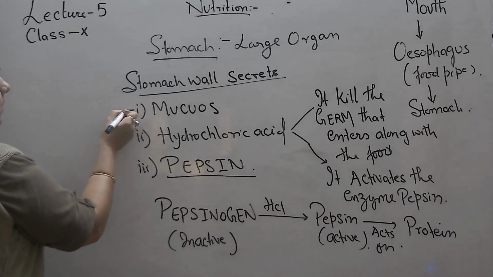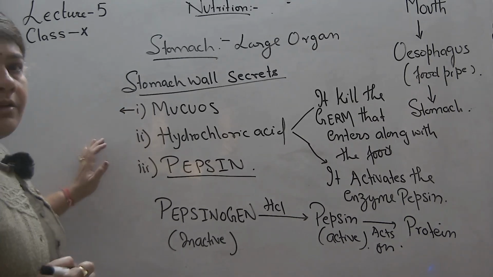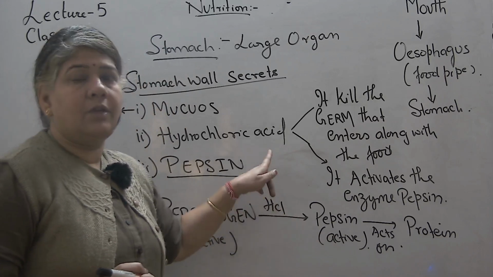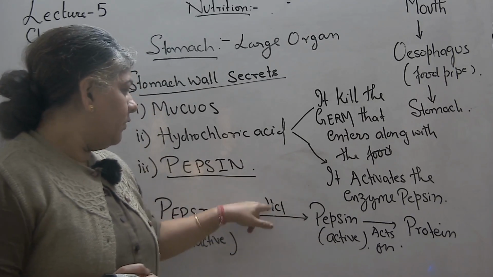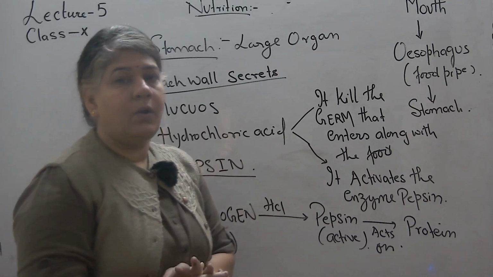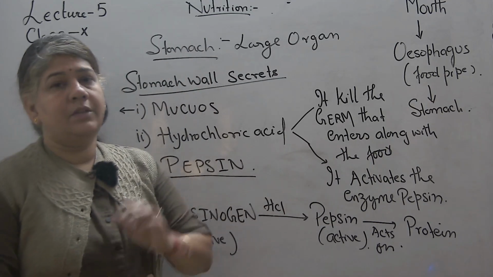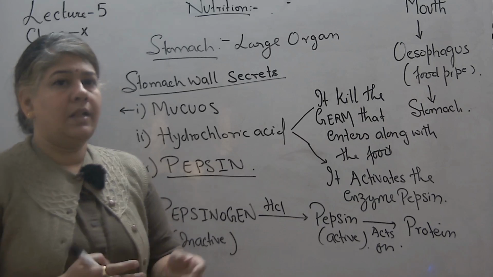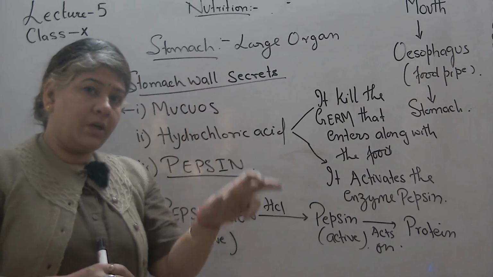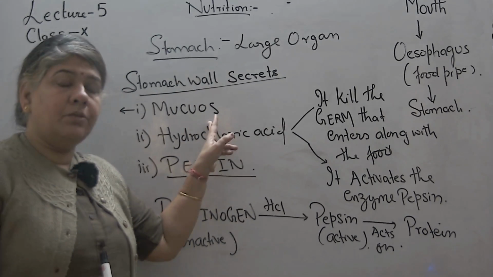Mucus basically prevents the action of HCl on the stomach wall. HCl is a very strong acid. It can damage the stomach wall, and also it can damage the linings of the alimentary canal, that is the small intestine and large intestine. So the whole of the gut is lined by this mucus.